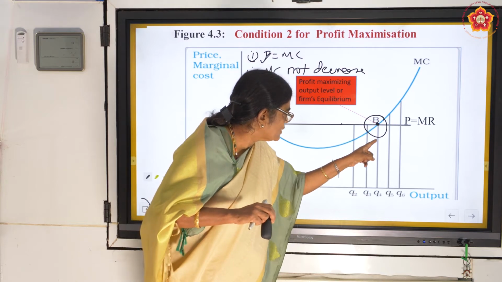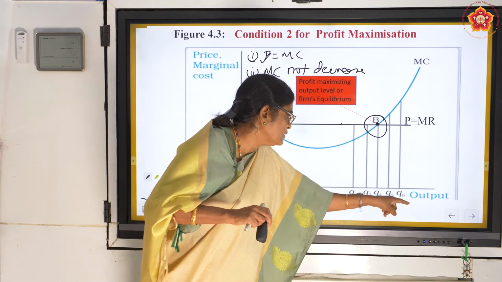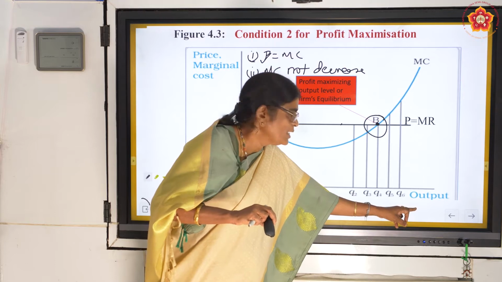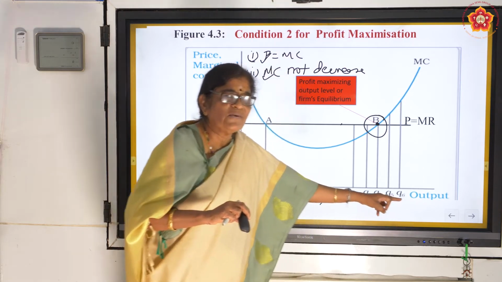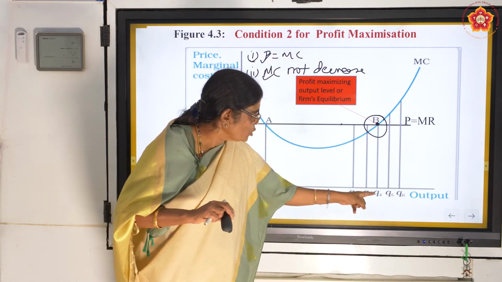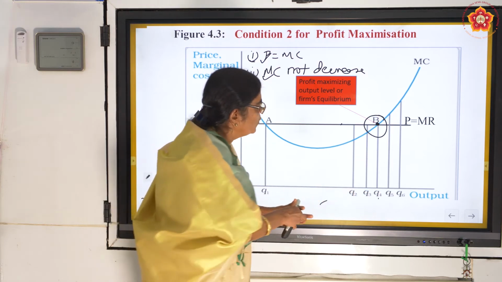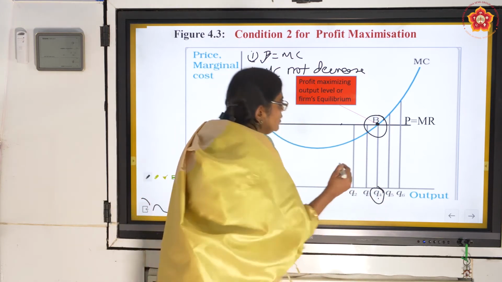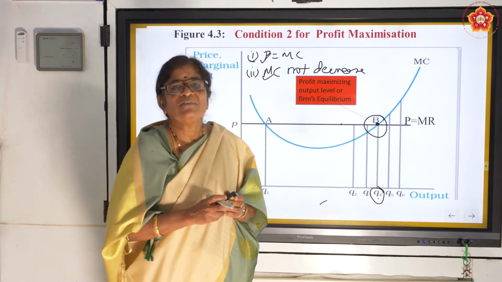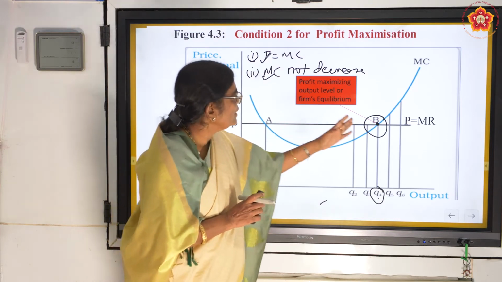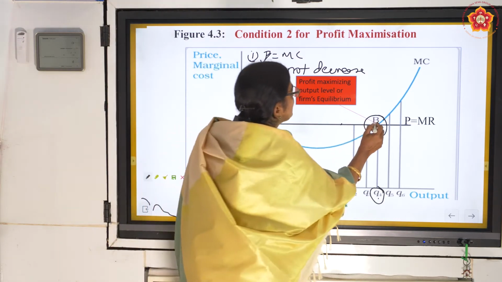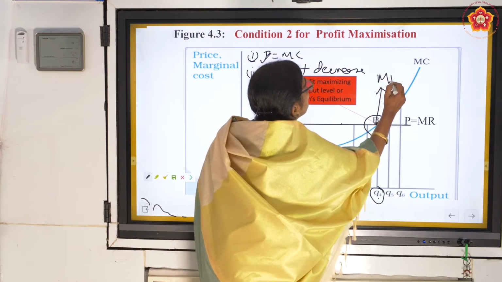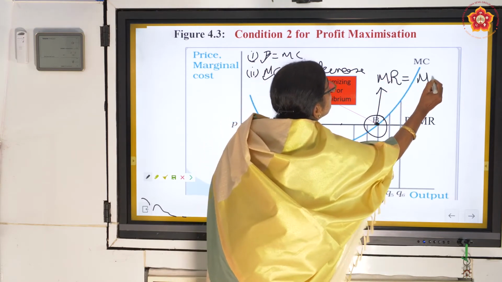If you extend that line down to the x-axis, what is the x-axis? On the x-axis, we are measuring the level of output. Therefore, the corresponding level of output at that point is Q4. This is Q4. Therefore, at this point, we can also tell MR is equal to MC.